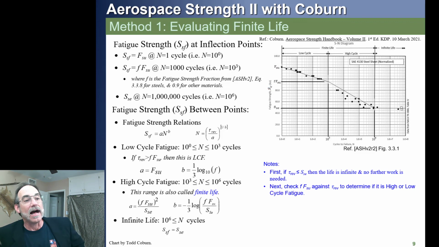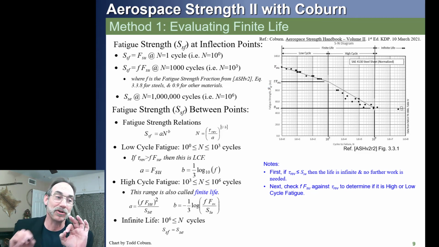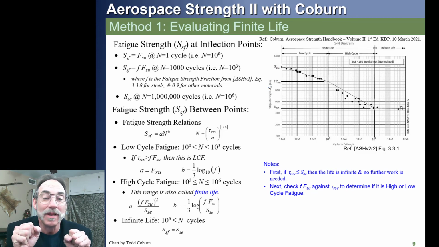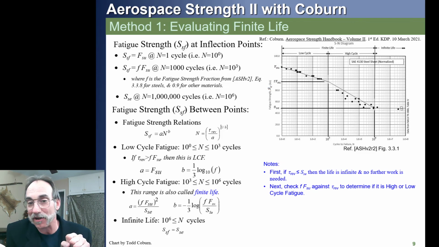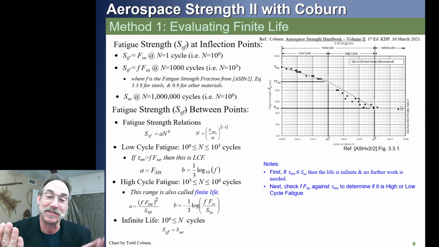If it is higher than that, then we compare our f times fSu against our fully reversed stress to figure out whether this is high or low cycle fatigue. Now, if our fully reversed stress is equal to f times fSu, then we can use either the high cycle fatigue coefficients or the low cycle fatigue coefficients with the same results. But if it's higher, we need the low cycle. If it's lower, we need the high cycle.